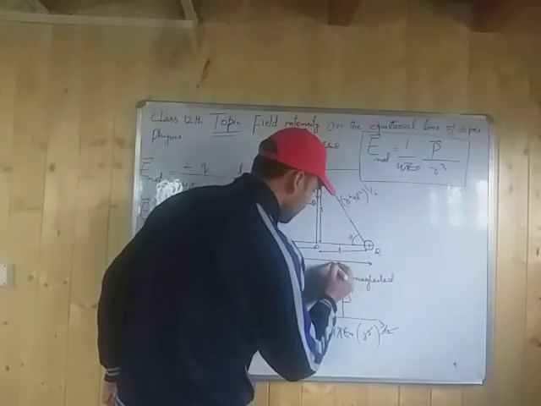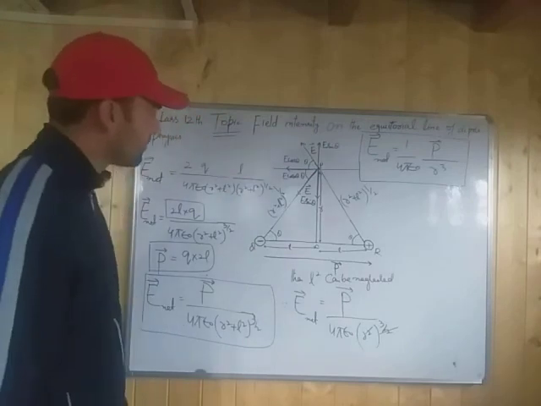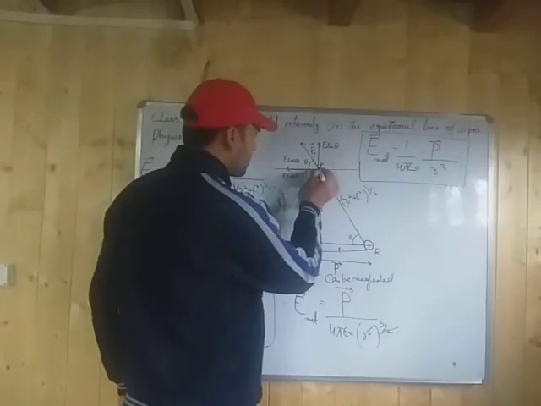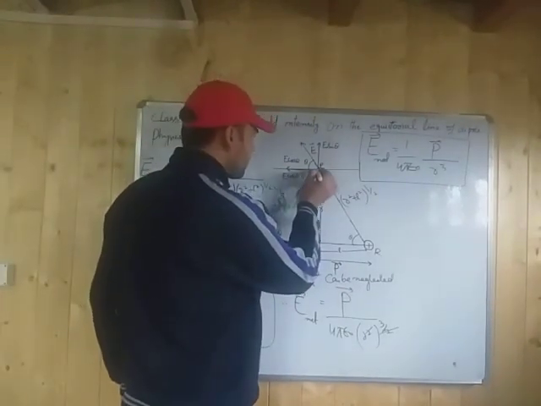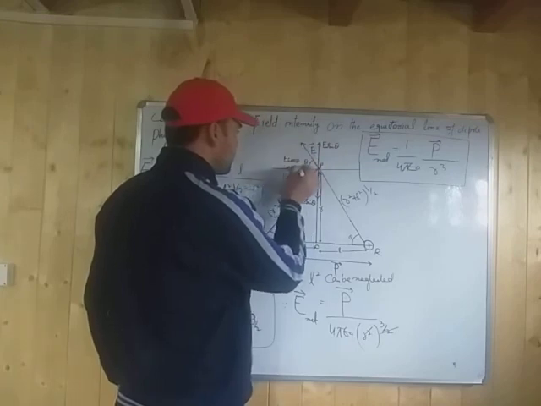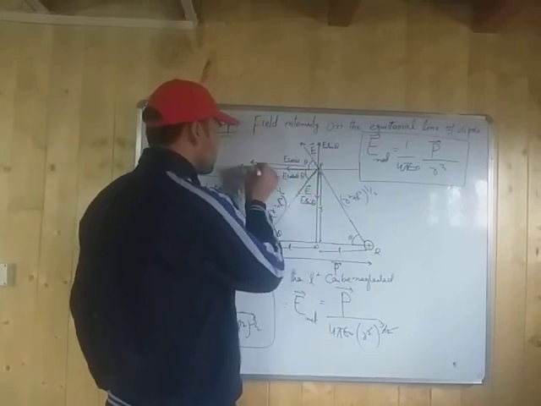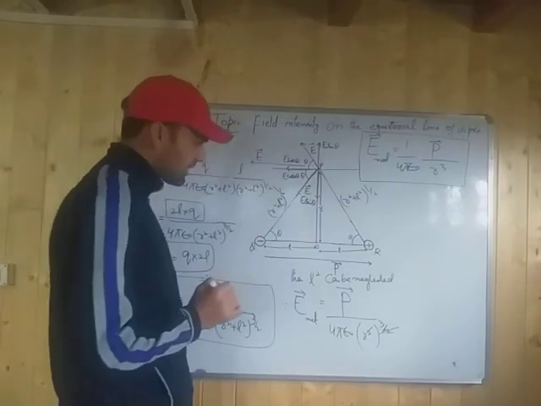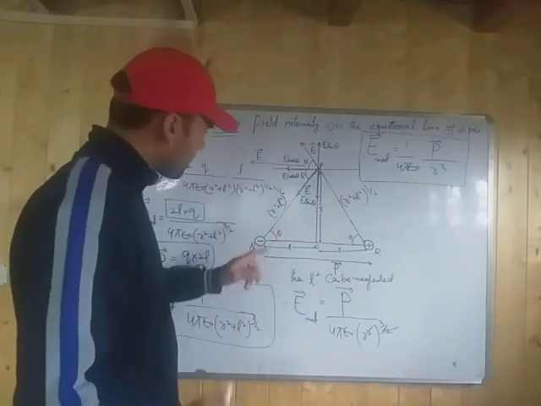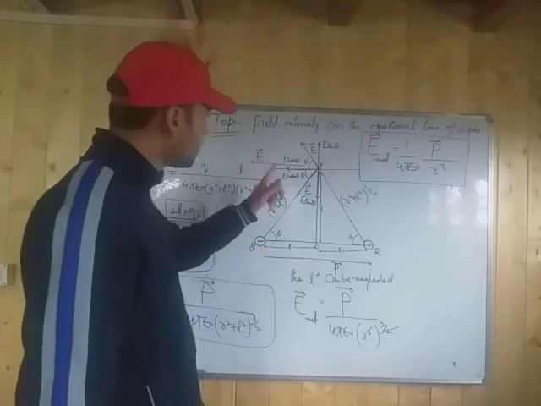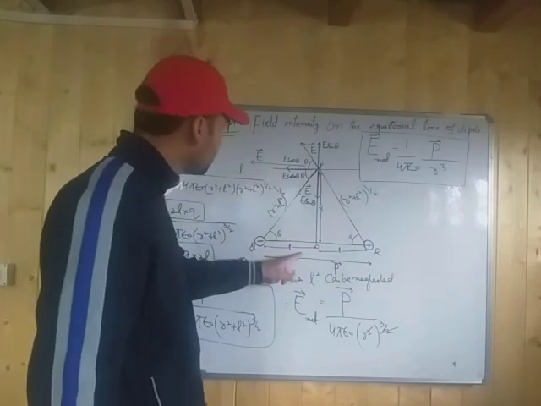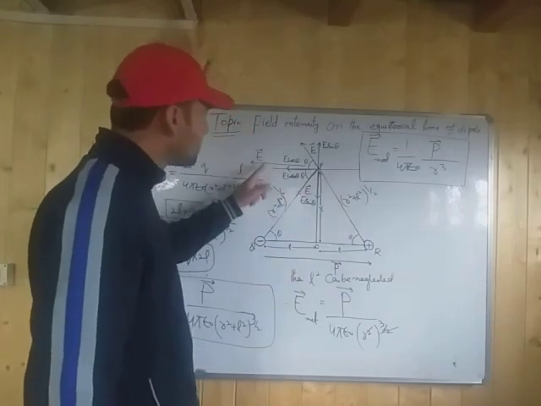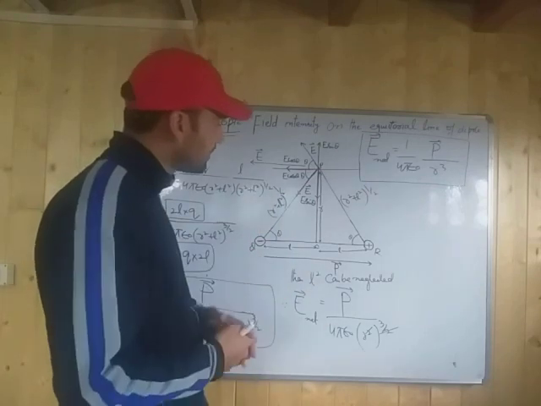So this is the dipole moment. But here the direction of the electric field, the total net field, is in this direction. So we can say that in the case of the equatorial line, the direction of the dipole moment and the direction of the net electric field are opposite to each other.